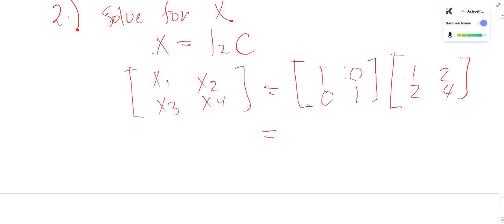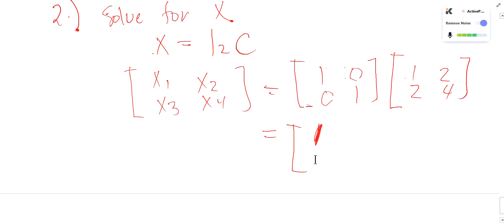So pag multiply mo yan, 1 times 1 plus 0 times 2, that is 1. So next, 0 times 1 plus 0 times 2. Ito yung multiply natin, row times column.